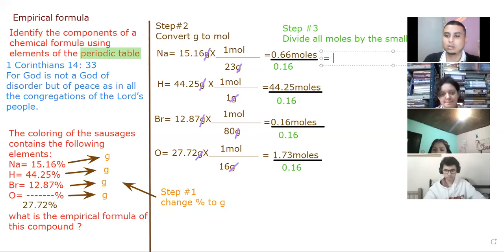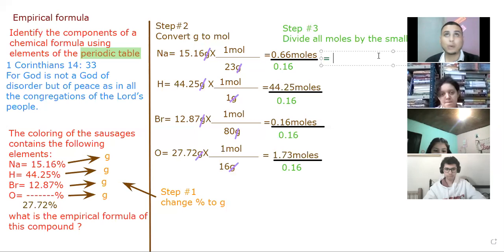Mister, it gives me 4.125, not 0.5. Wait a minute. Let me see. Maybe my calculator is bad, but I got the same answer, Mister. Okay, I have in my calculator 0.66, right?